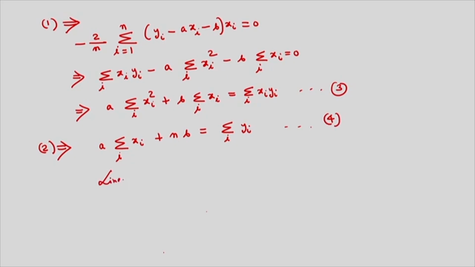These are linear equations in two variables. From these two equations I can directly determine the parameters A and B, and based on this I can determine the line, the best fit line between the observed data points. That is the objective of the linear regression.